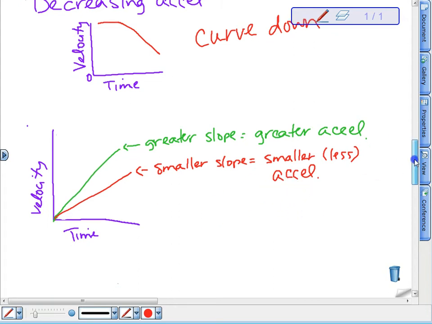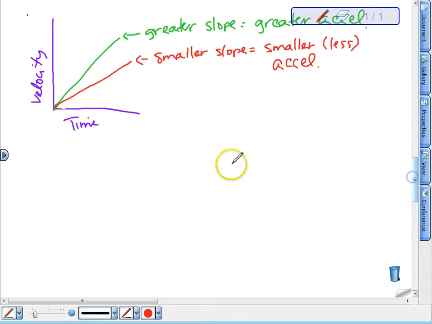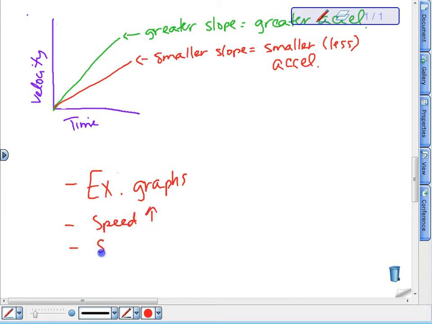And that's pretty much velocity time graphs. In your notes, make sure that you've written down some example graphs. Make sure you know what speeding up looks like and what slowing down looks like.